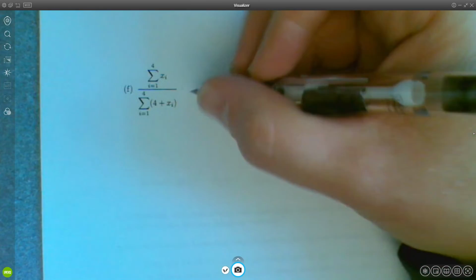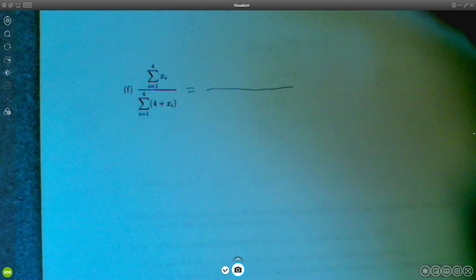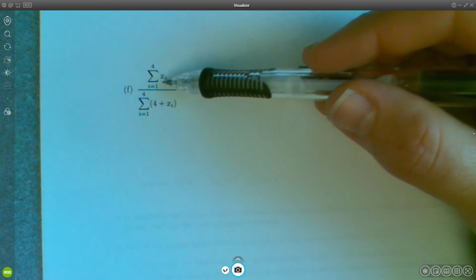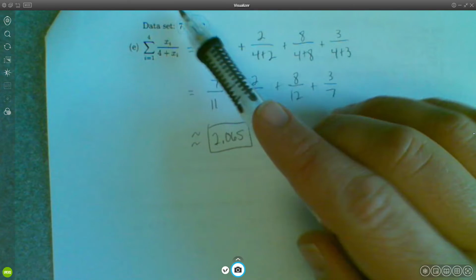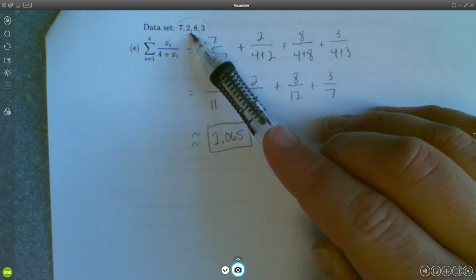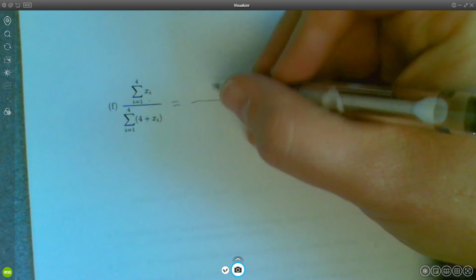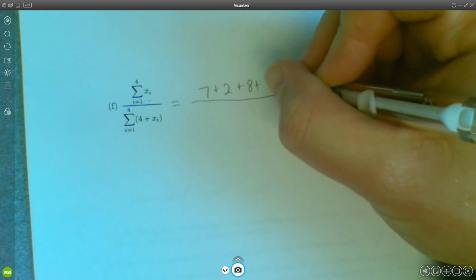So here's what this is going to look like. If I just focus on the numerator part, I want to add up all of the xi's. So I want to do x1 plus x2 plus x3 plus x4. Well, x1 is 7, x2 is 2, x3 is 8, and x4 is 3. So this is going to be 7 plus 2 plus 8 plus 3.